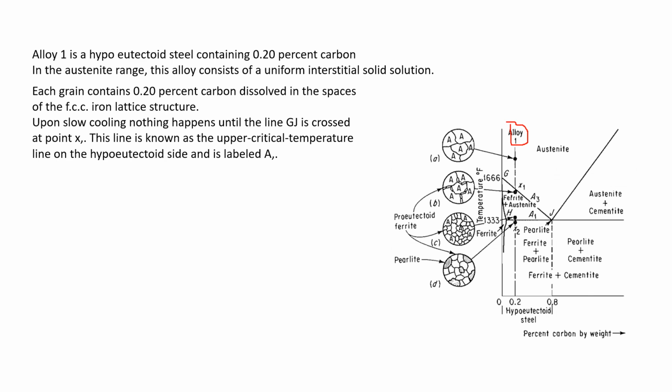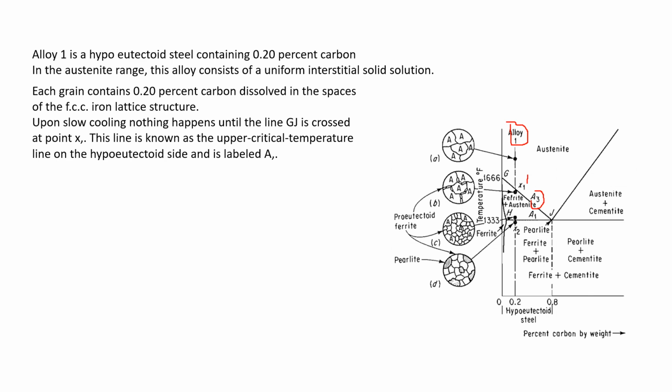Upon slow cooling, nothing happens until the line GJ is crossed at point x1. This line is known as the upper critical line on the hypoeutectoid side and is labeled as A3.